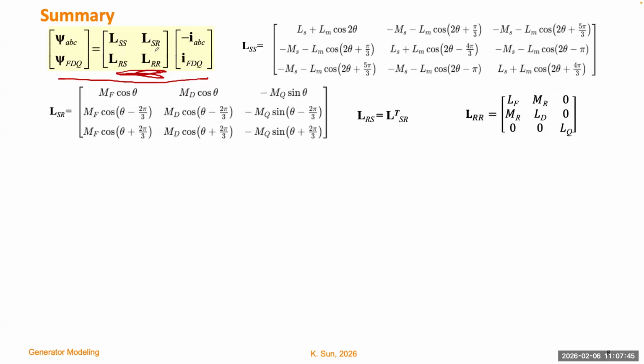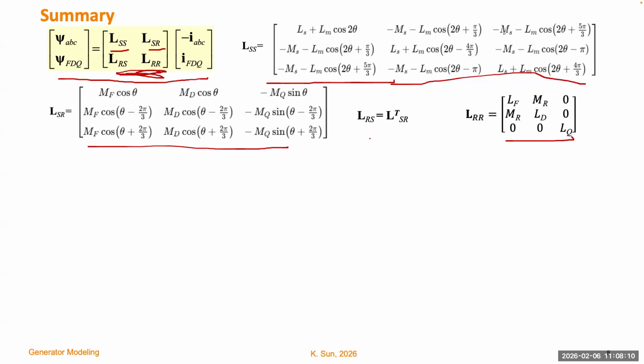We can split it into 4 blocks, and because it's symmetric, we only need to determine LSS, LSR, and LR. For the LSS, from the previous slides, we can put it into this matrix. LSR will be this one, and LR will be all constants.